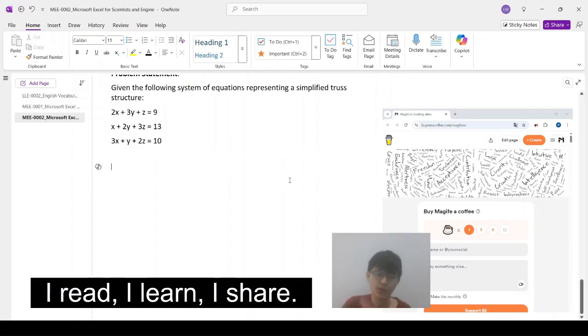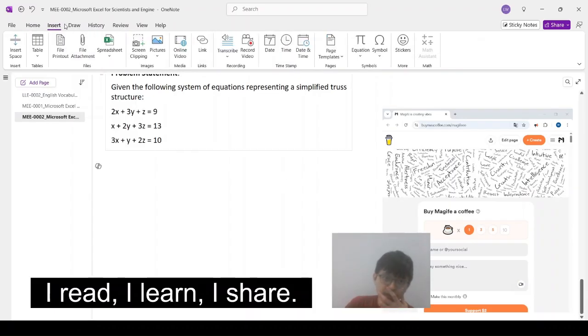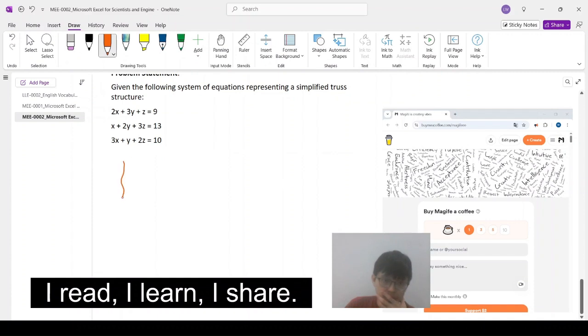So a quick explanation of how to solve using the matrix. The matrix basically looks like this: x1, y1, z1, and so on, multiplied by x, y, z, which is what we need to find out. What are x1, y1, z1?